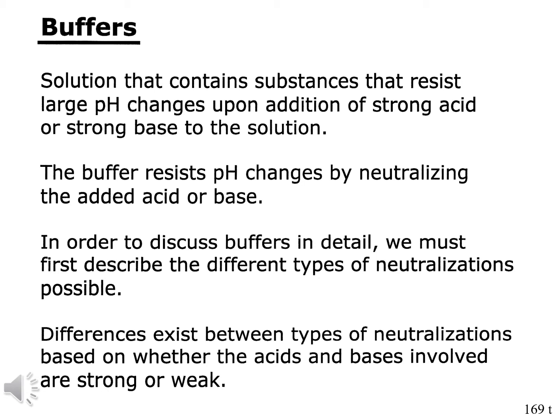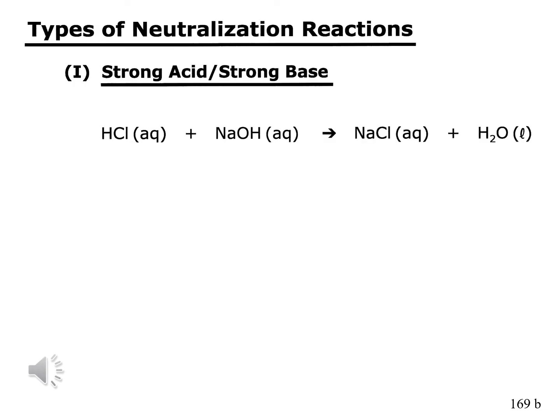So the first thing we need to do is that chemists have divided neutralization reactions into types, and we want to look at those types first. Just like any time we use type numbers in this class, you don't have to know the type number.